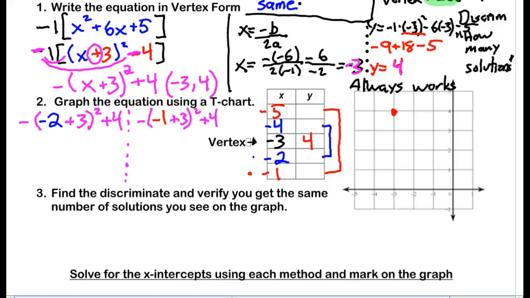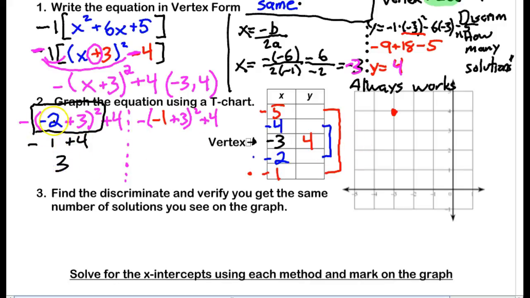Just like before, remember you do order of operations correctly. You want to do this part first, and then multiply it by -1. Do not distribute in that negative. Do the parentheses, exponent, then multiply. So 3 minus 2 is 1. 1 squared is 1. And then the negative outside will be -1 plus 4. 4 minus 1 is 3.